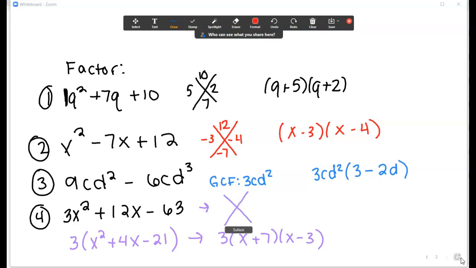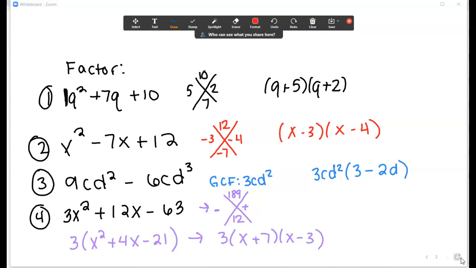You would have multiplied 3 times 63 to give yourself 189. Your bottom was 12. And because the last number was negative, you needed one negative and one positive.